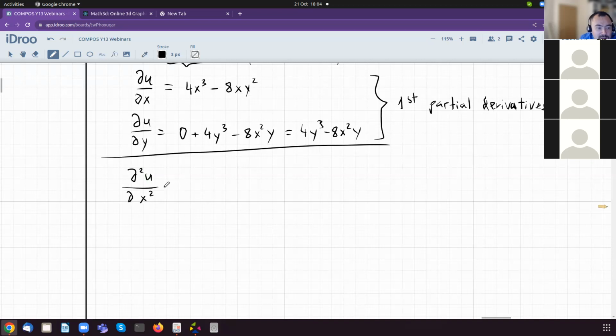We find the derivative dx of 4x cubed minus 8xy squared. So this is going to be 12x squared. That's easy. Now what to do with this one? Well, 8y squared is a constant, so we just take the derivative of x. So it's minus 8y squared.